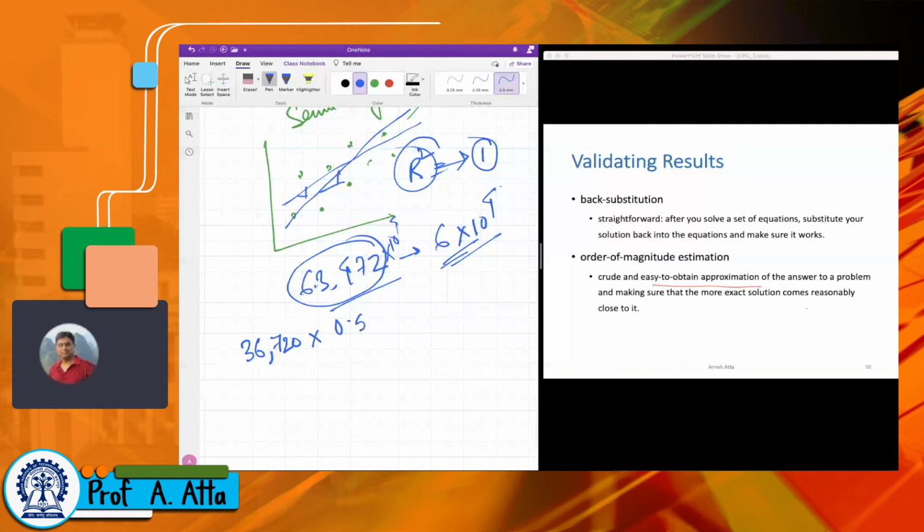Say I give you 0.524 divided by 0.000478. Now, you can easily do this by calculator, no issues. But if I had to illustrate this order of magnitude estimation, or say without calculator, how do you do this one?